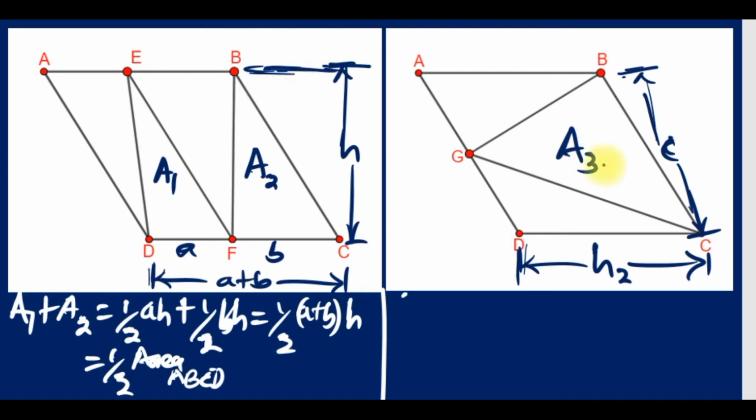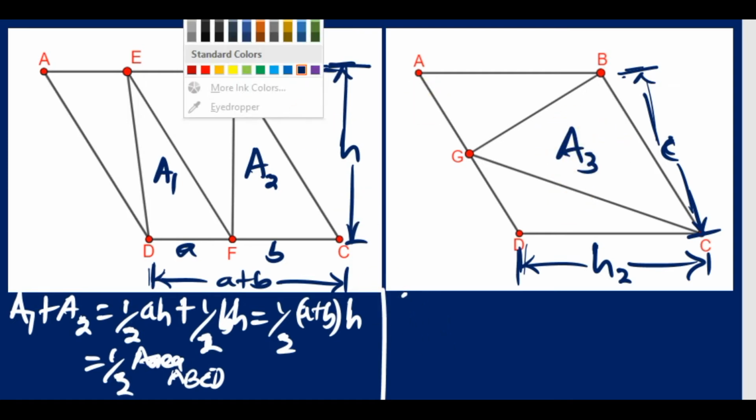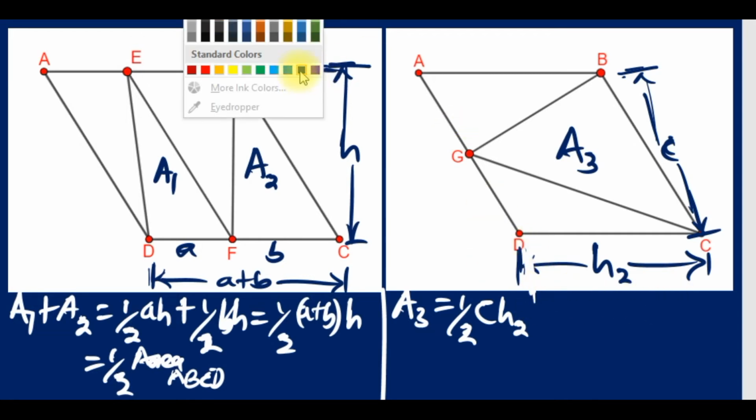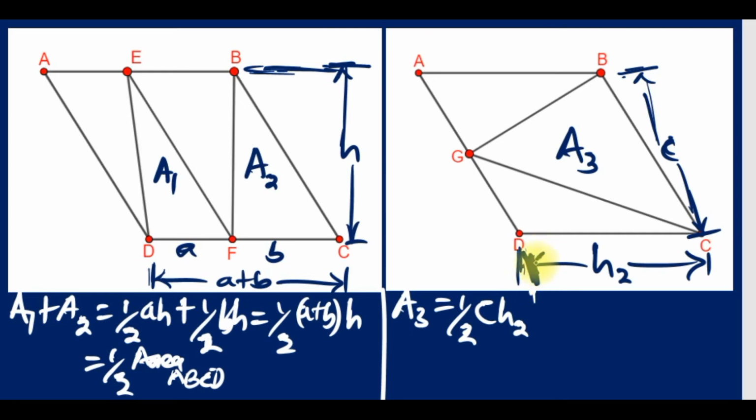We know it's half base times height, so the area is half C times H2, because the height is this, and the base is C.